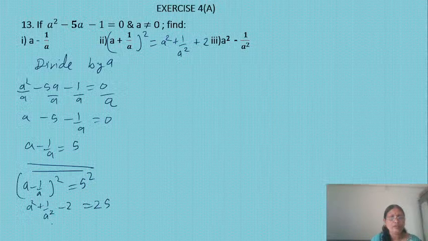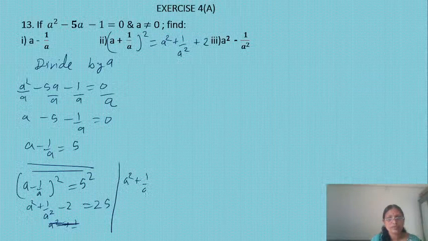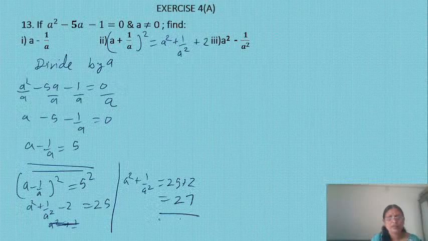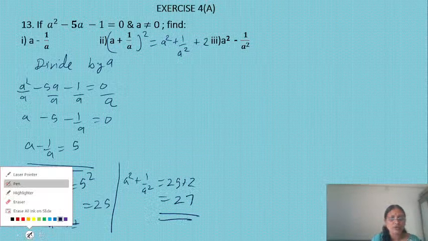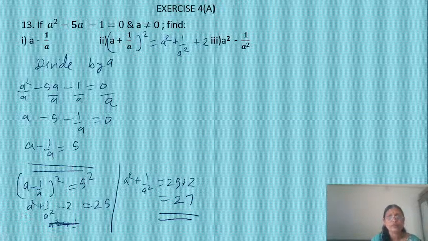So we get the value of a square plus 1 upon a square is equal to, minus 2 goes over here, 25 plus 2, which is 27. Now we will be using this value of a square plus 1 upon a square over here.